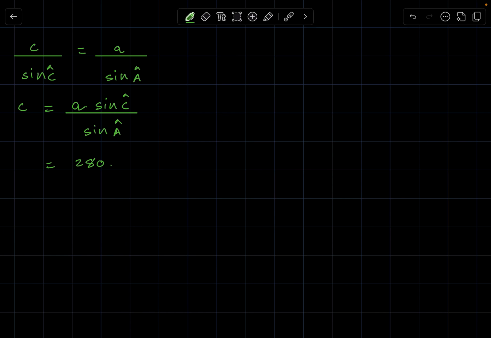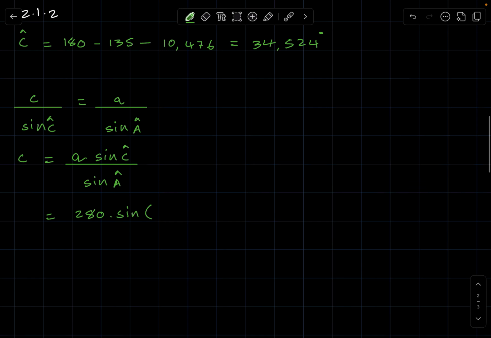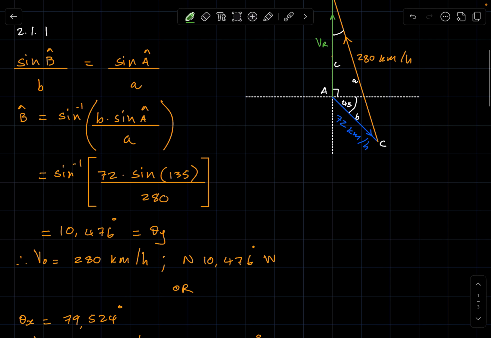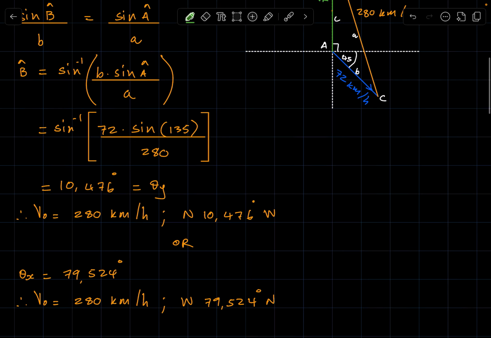Then this side A, remember, is 280. So 280 times sine C, and sine angle C we just calculated and got 34,524, divided by sine A. Angle A is this angle here, which is 90 plus the 45, which is 135.